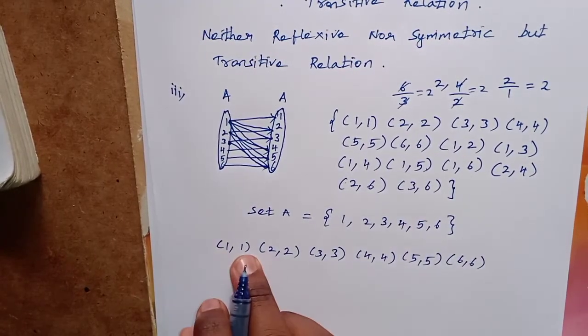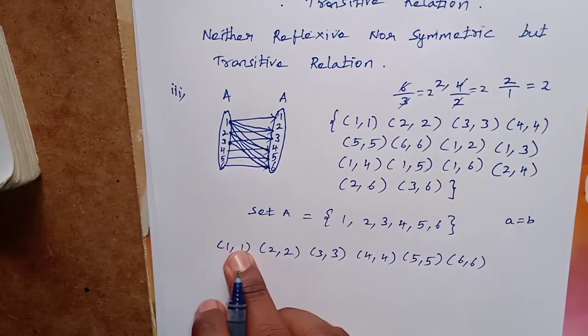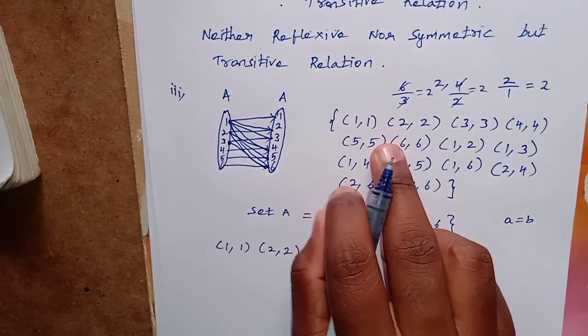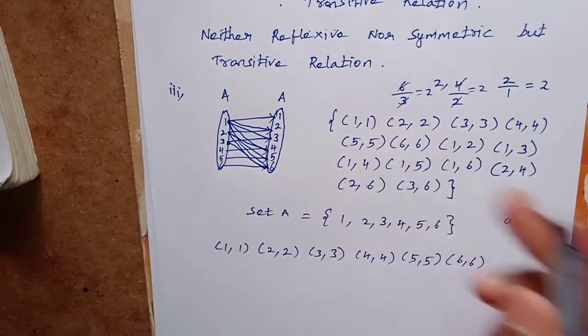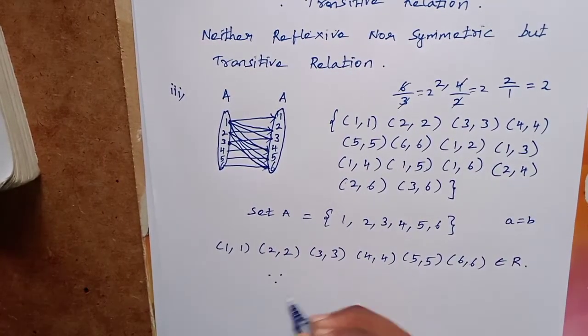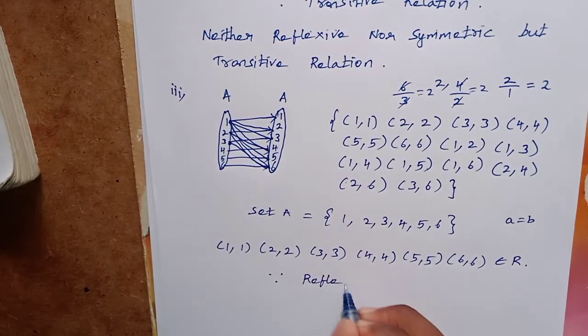Every element of A is related to itself. Therefore 1 comma 1, 2 comma 2 up to 6 comma 6 is present in our ordered pair, so it belongs to R. Here, reflexive relation is satisfied.